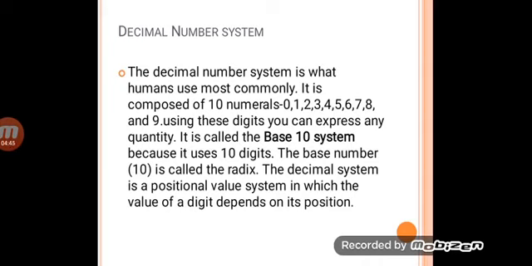Using these digits, you can express any quantity. It is called the base 10 system because it uses 10 digits. The base number is called the radix. The decimal system is a positional value system in which the value of a digit depends on its position.